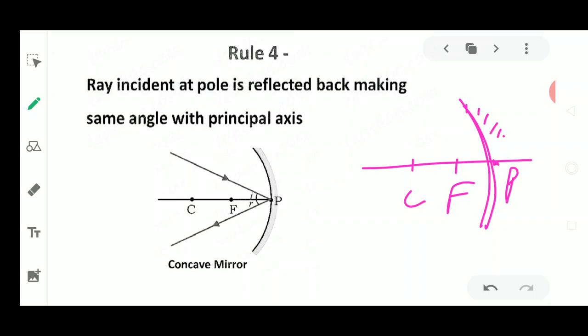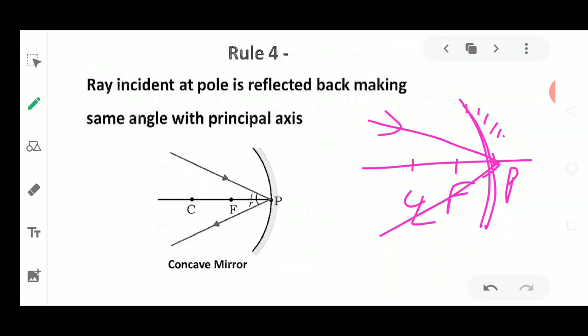Whenever a ray of light strikes the pole obliquely, it is reflected obliquely after striking the pole.